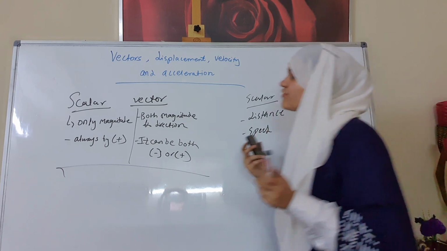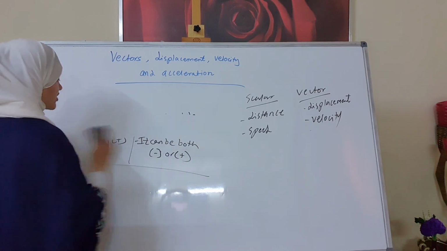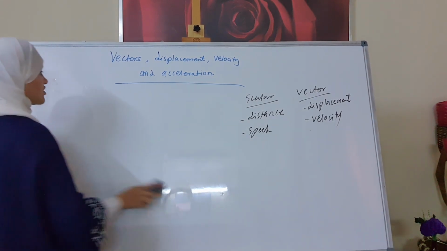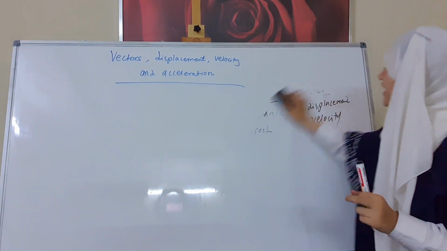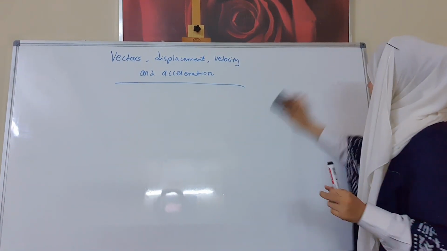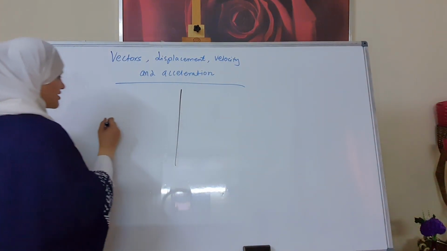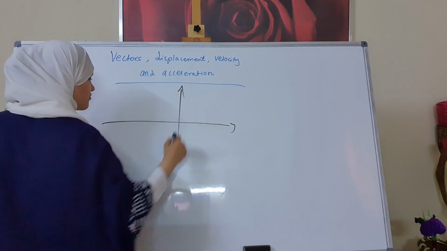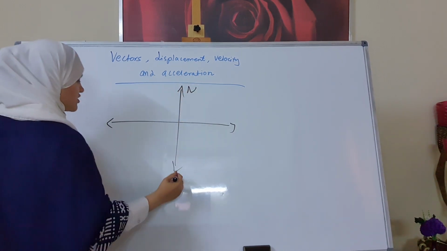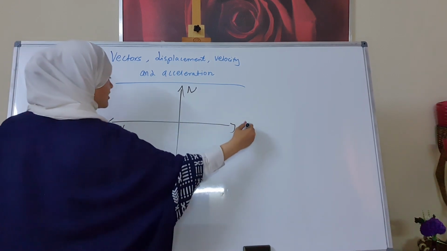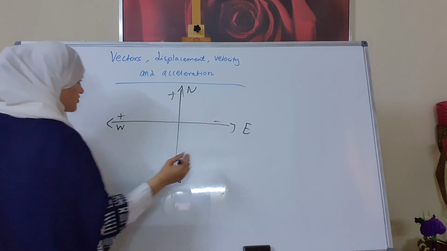Right now, what about adding or subtracting of vectors? We know that vectors have magnitude and direction. That means it can be south, north, east, and west, right? So it can look like this. Here we have north, here south, here west, and here east. Here always positive, positive, and here negative, negative.